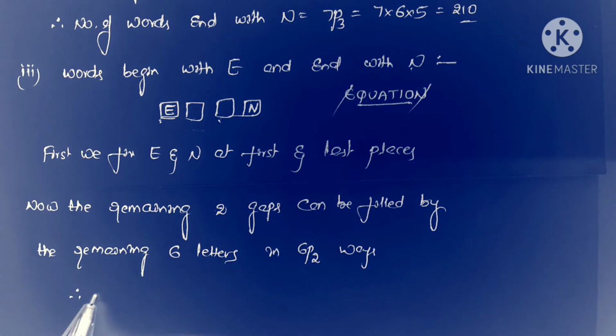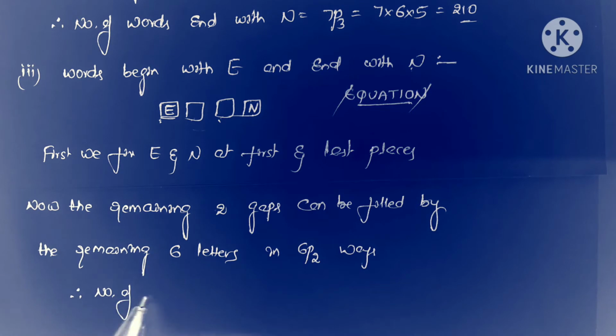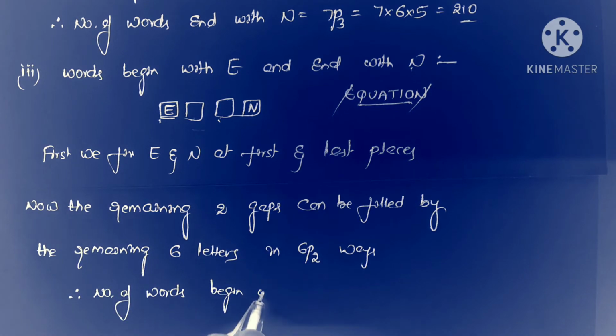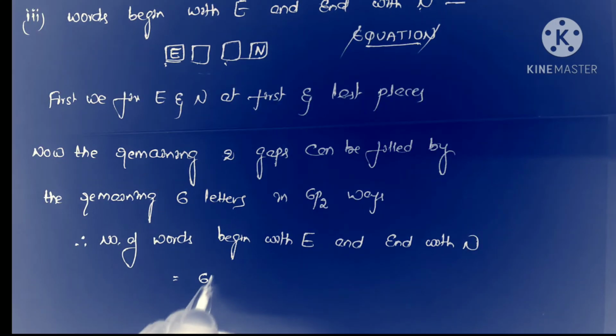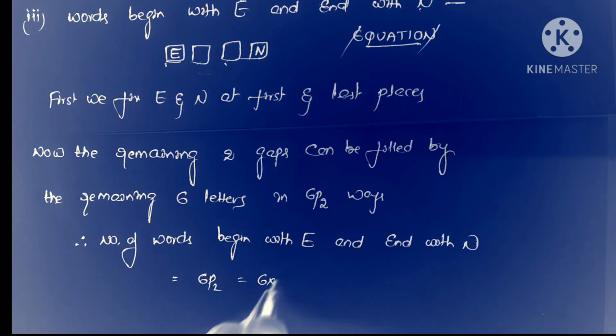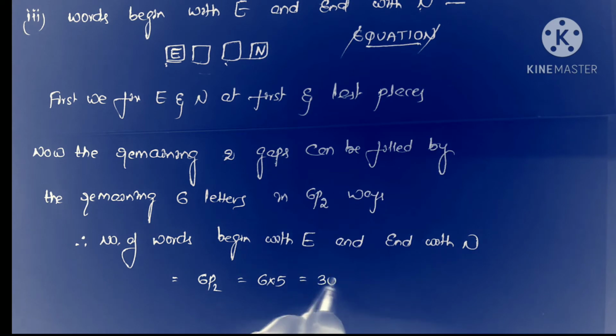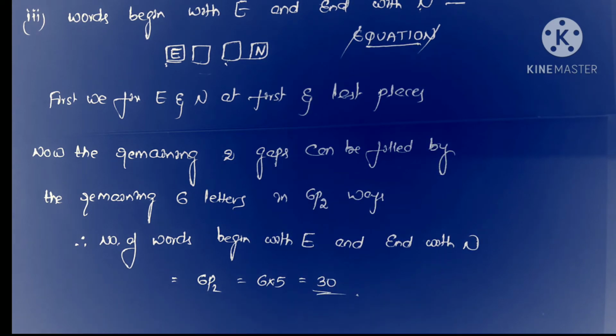Therefore, the number of words that begin with E and end with N is equal to 6P2, that is 6 into 5, which is equal to 30. That's all. This is the answer.